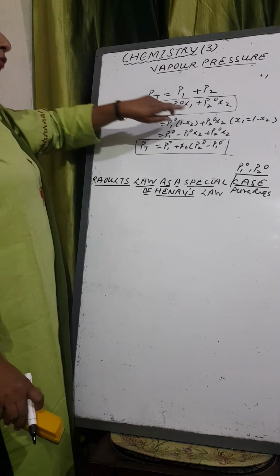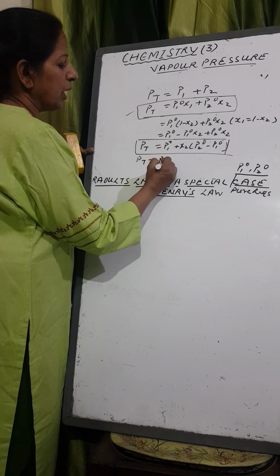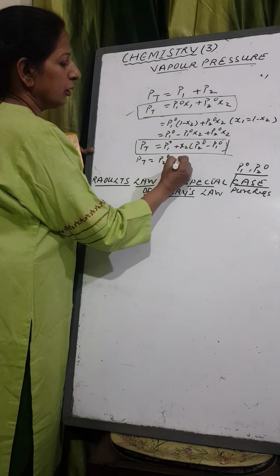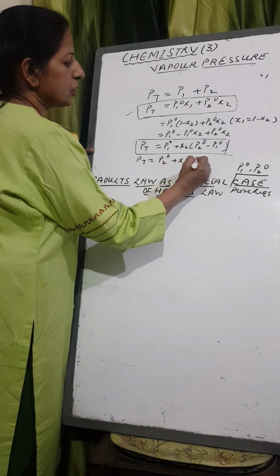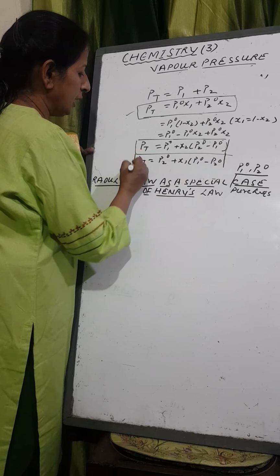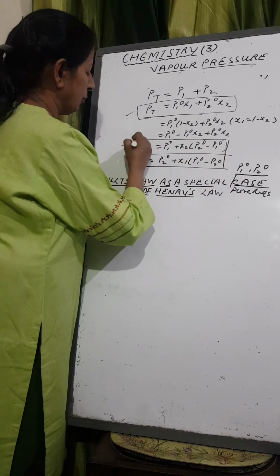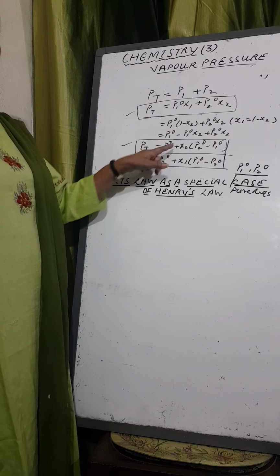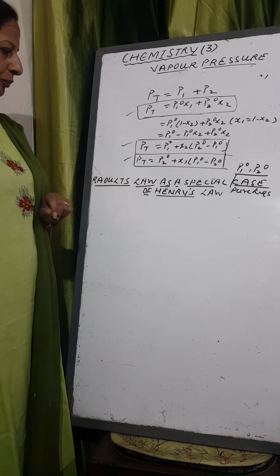We can also write it in terms of mole fraction of the first component, that will come out to be P2 naught plus chi 1 times P1 naught minus P2 naught. So using any of these three formulas, you can find out the total pressure of the solution, provided you know chi 1, chi 2, P1 naught and P2 naught.